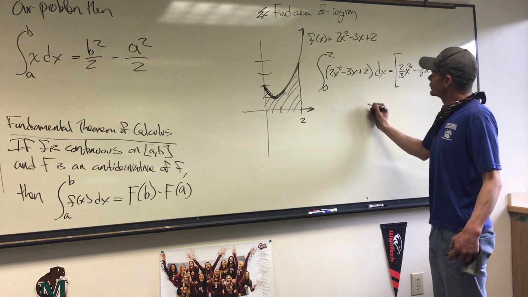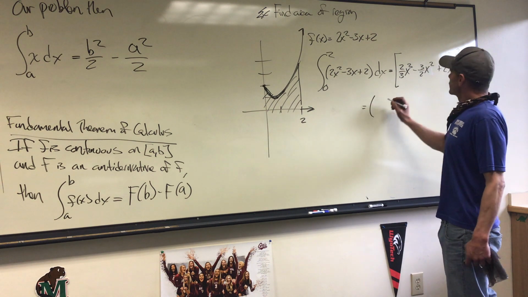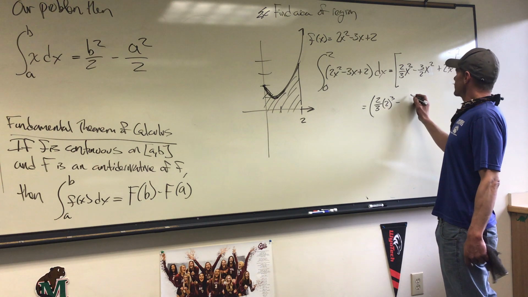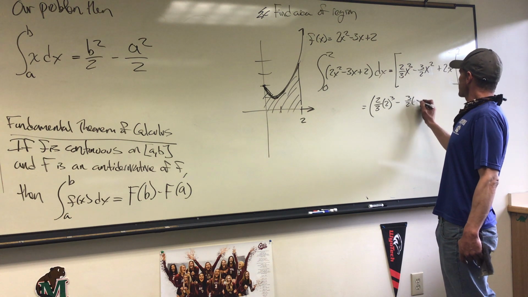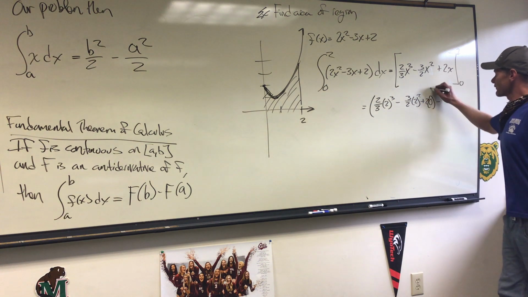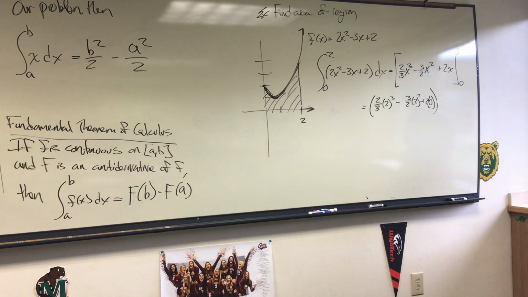Okay, so let's do the 2 part first. We have 2/3 times 2 cubed minus 3/2 times 2 squared plus 2 times 0. That's the first one. And I ran out of room a little bit.